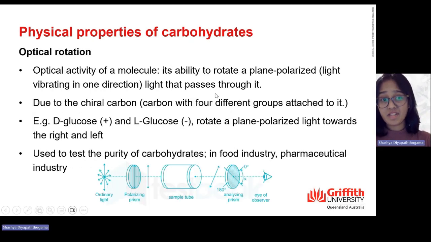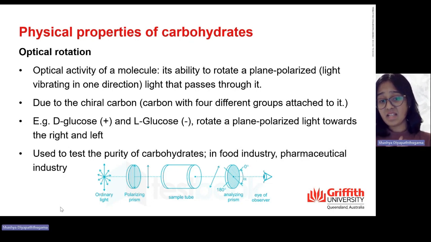The next physical property is the optical rotation or the optical activity. The optical activity is the ability to rotate a plane polarized light. So if you can see the diagram below, the ordinary light vibrates in several directions, but if we send this through a polarizing prism, we can obtain plane polarized light, which is vibrating only in one direction.